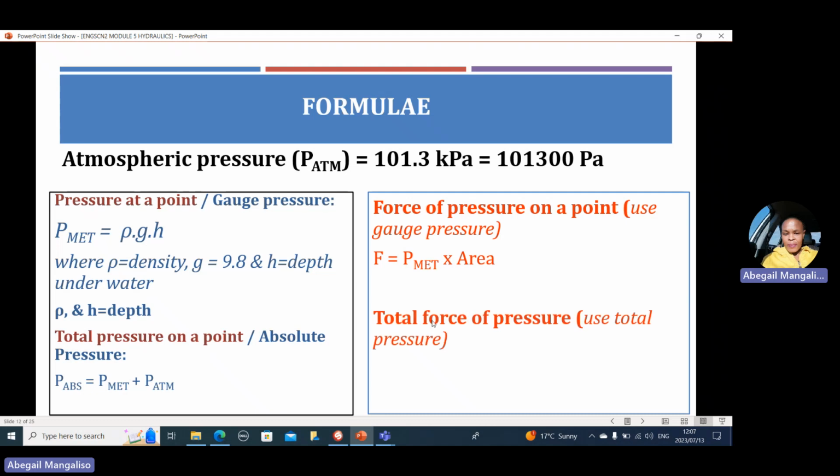We can also calculate the total force. So total force goes with total pressure. Force of a pressure on a point goes with pressure at a point. So total pressure will also use the total pressure multiplied by area. So total pressure is the absolute multiplied by an area. This area must be in square meter.